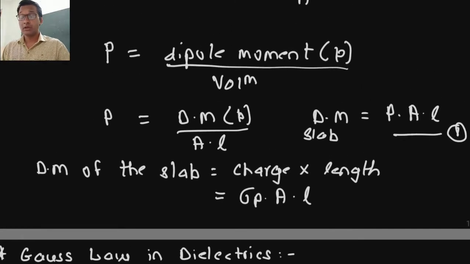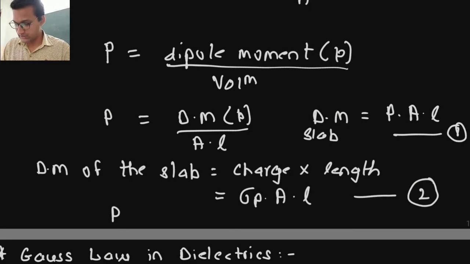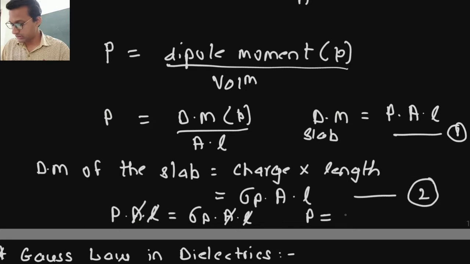That will be the dipole moment of the slab. So there are two ways to express the dipole moment of the slab. The dipole moment is equal to P into A into L, and it is also equal to sigma p into A into L. So from equations 1 and 2, polarization into A into L is equal to sigma p into A into L. Now we can cancel the common terms, and polarization will be equal to the density of polarization charges.